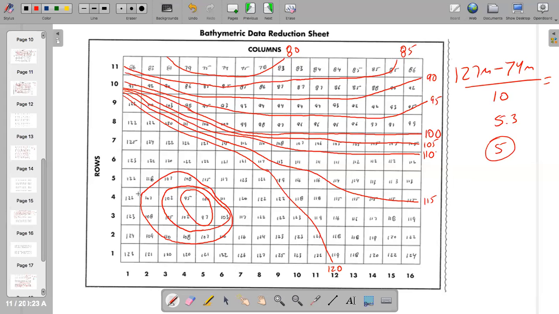And then there'd have to be a 115. And then a 120. I stopped writing a while ago. There, it finally finishes.